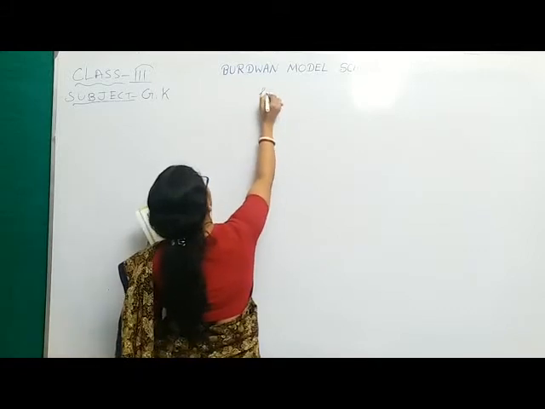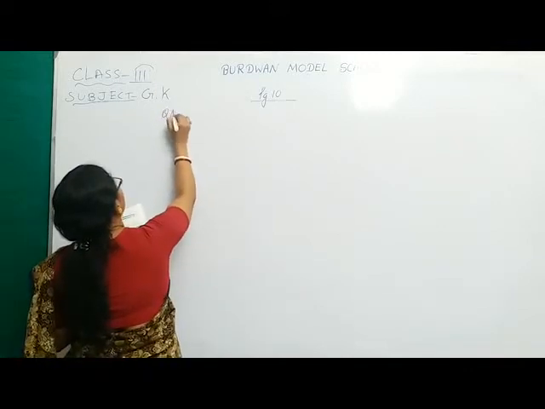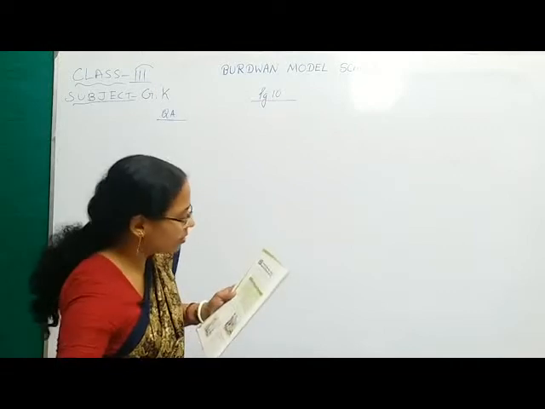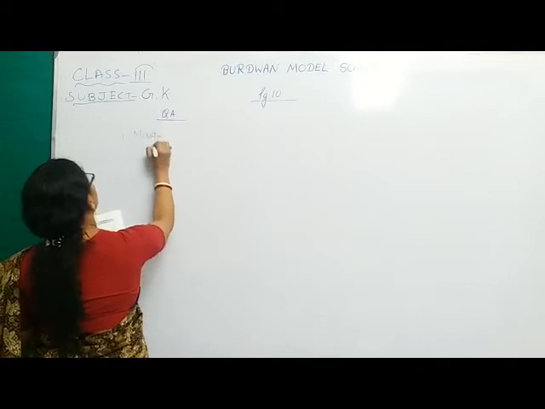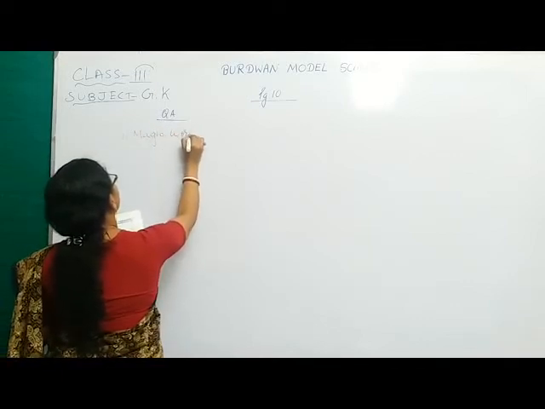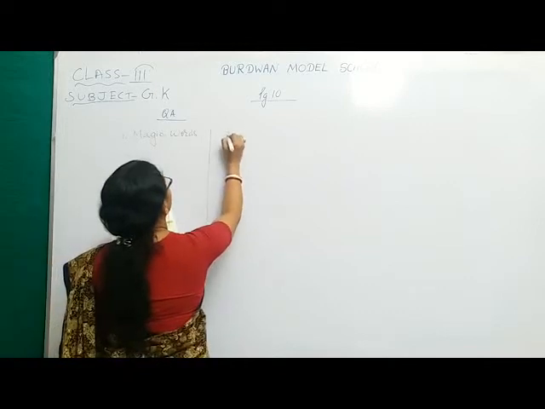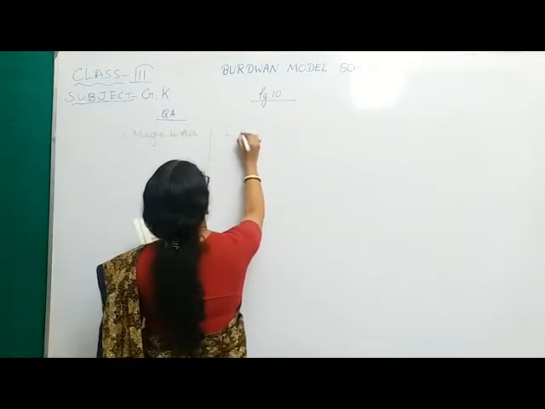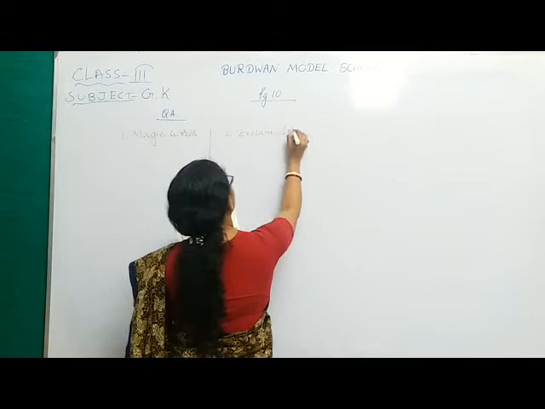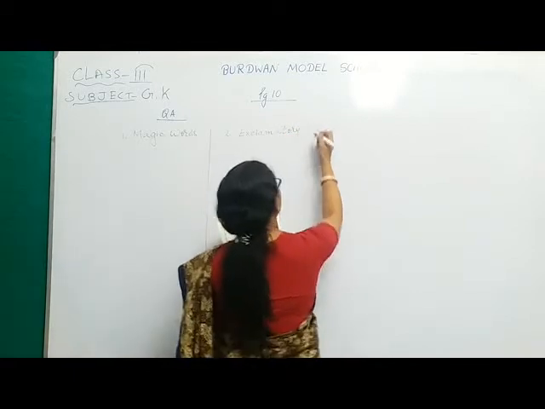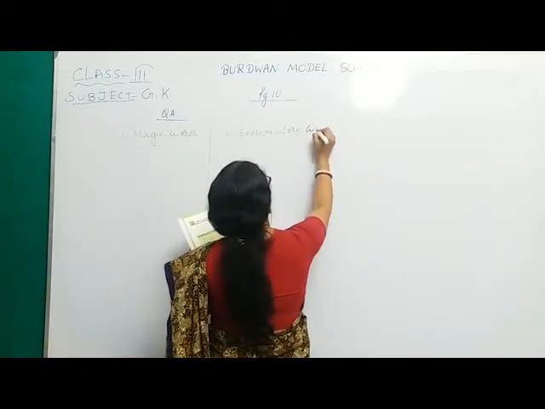So it's page number 10, and question number A. So here I am going to make 3 columns, that is magic words as you are having in your book. Number 2, exclamatory words.